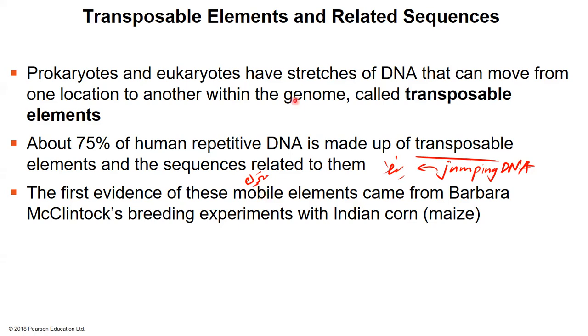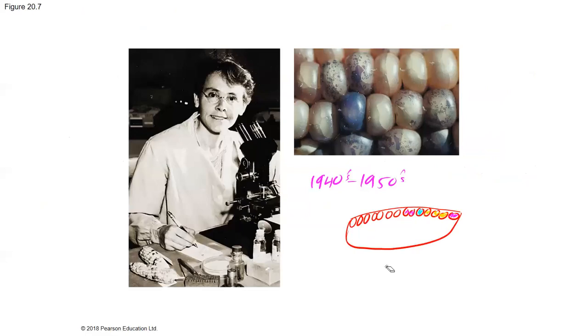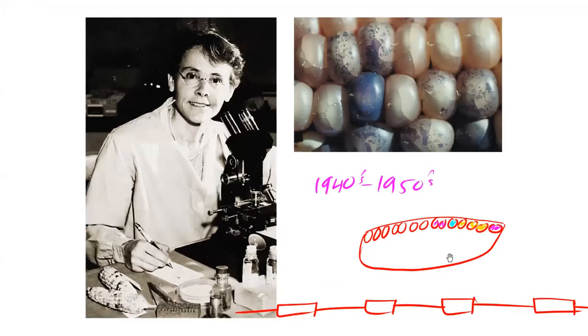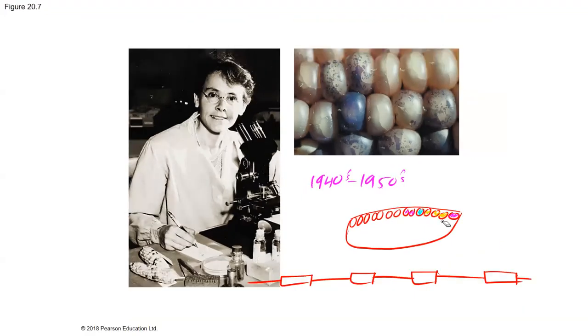Okay, so the idea here is that within the genome of the corn, there are multiple genes that are important for determining the kernel color of the corn cob. So these are the kernels.